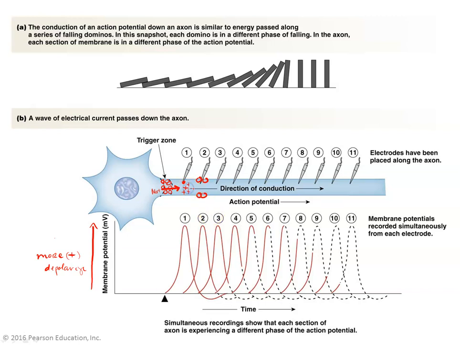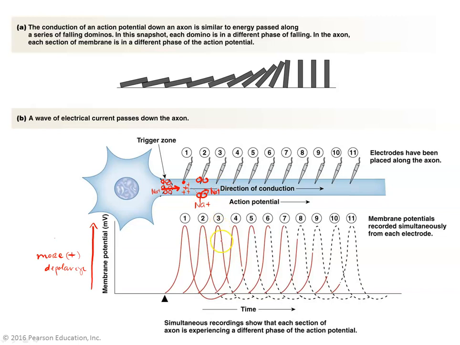So as soon as the positive charge reaches about negative 55 volts in this area, you're going to open up these gates, and guess who is going to come rushing in? Sodium. And this is happening at each and every node. So at areas 1, 2, 3, and 4, sodium has come in, opened up those voltage gated channels, and is rushing in to get that depolarization.